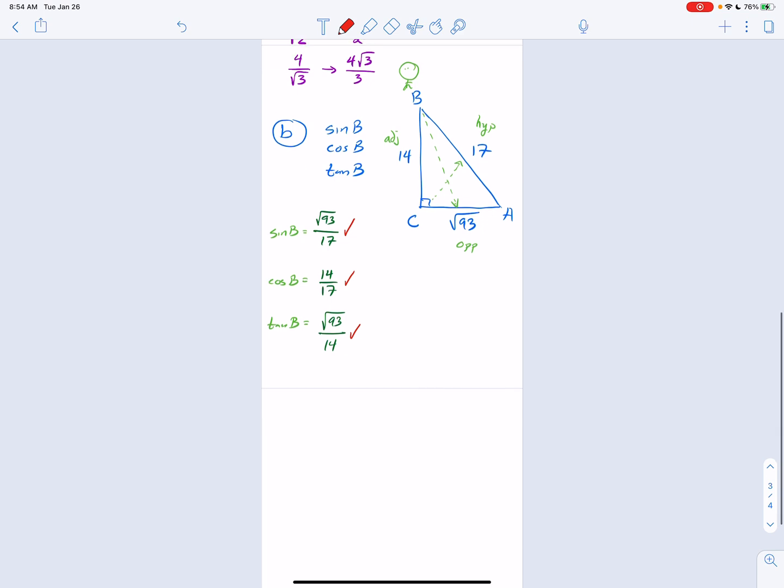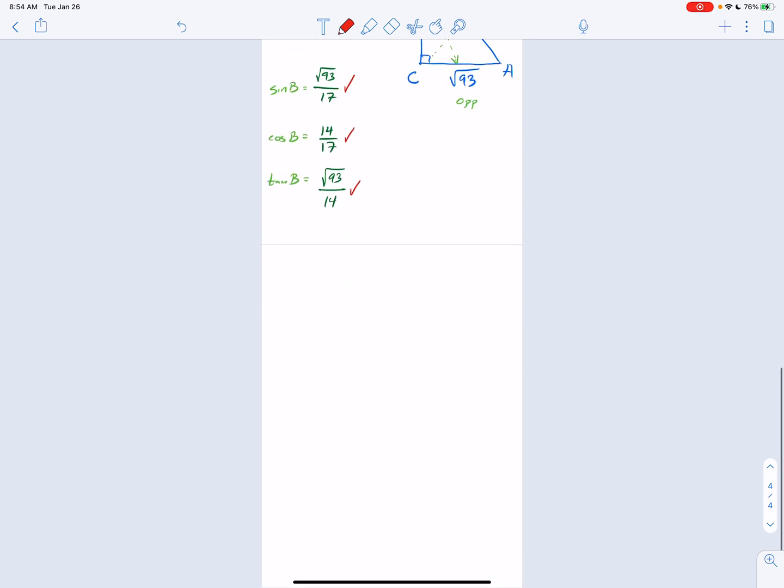All right, so here's part C for you. Let's say I'll give you this triangle here.